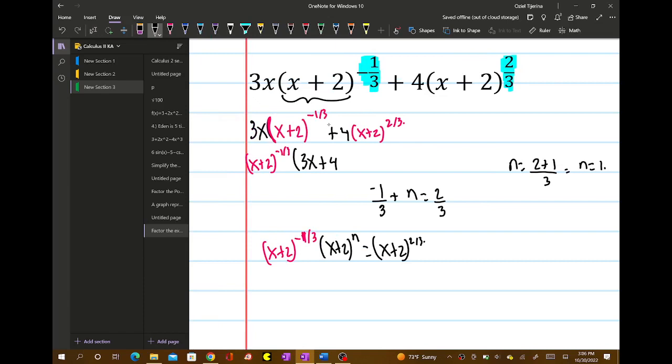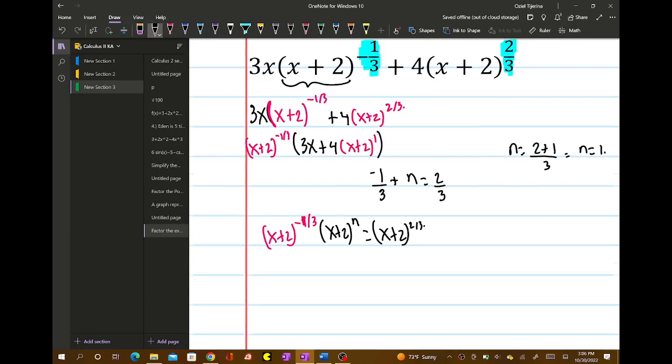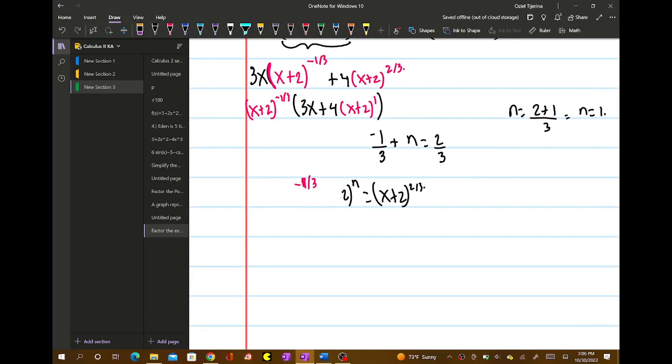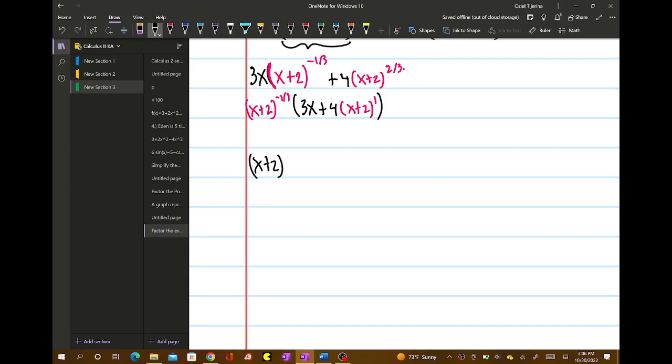So we have x plus 2 to the -1/3 times 3x plus 4, and then times x plus 2 raised to the first power. Since it's to the first power, you can literally just write it as x plus 2 to the -1/3 times 3x plus 4 times the quantity x plus 2.